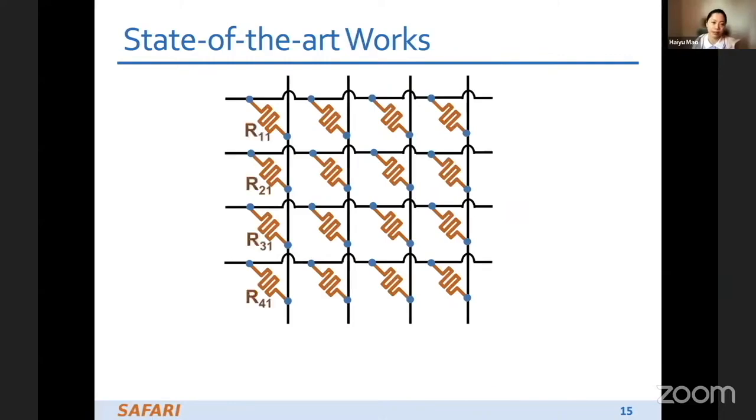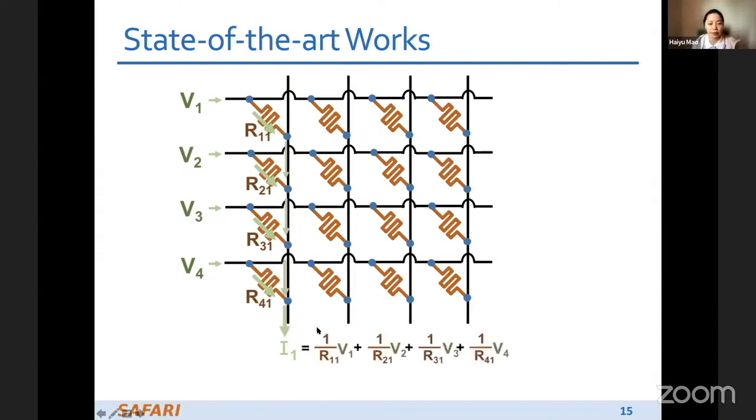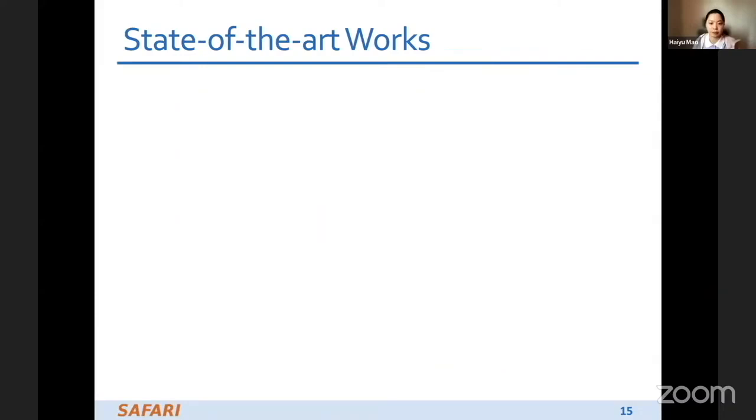First of all, we have the resistance representing the vectors, and we apply the voltages on the word line, and according to Kirchhoff's law, we accumulate all of the current on the bit line. Through this we do a vector multiply vector operation in a read cycle, which is really efficient, just with a sensing operation.